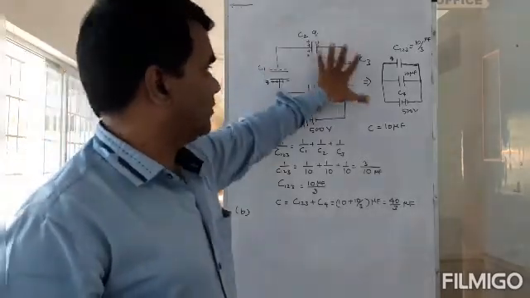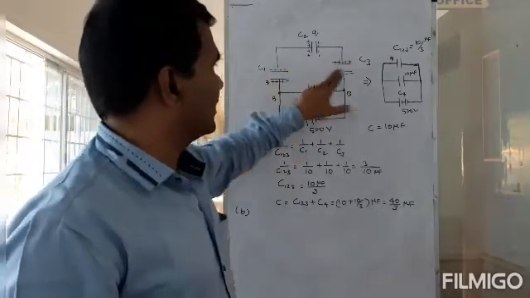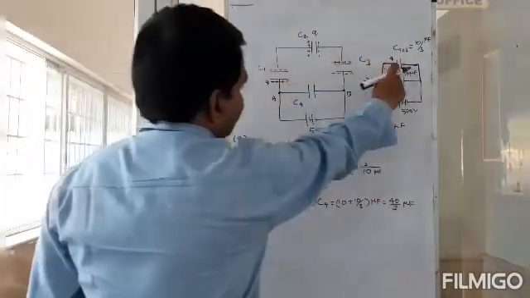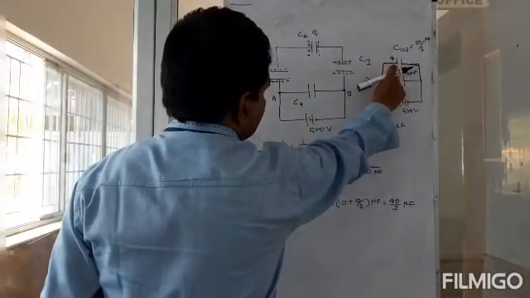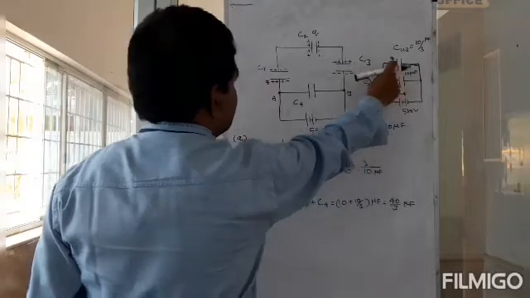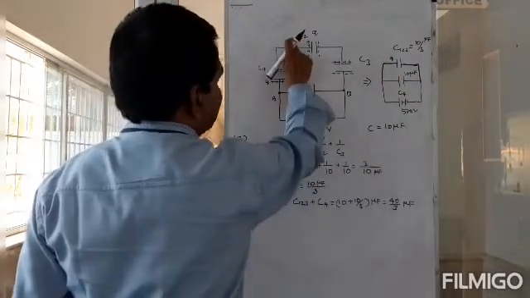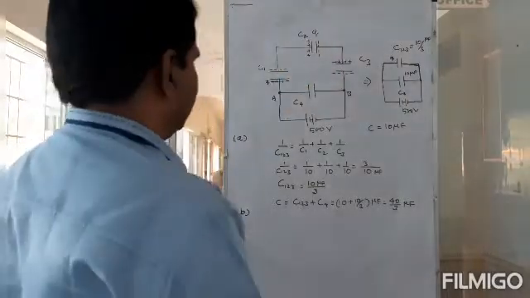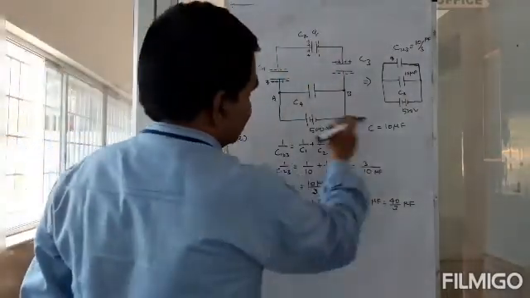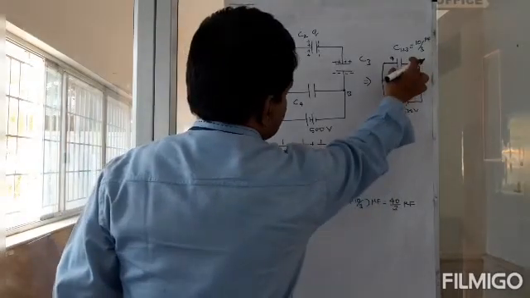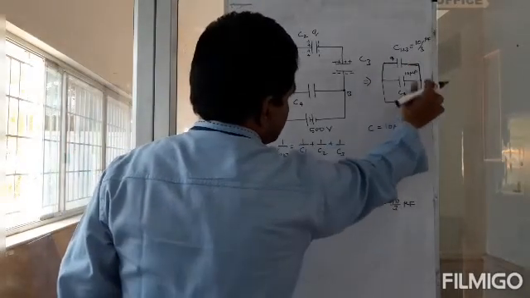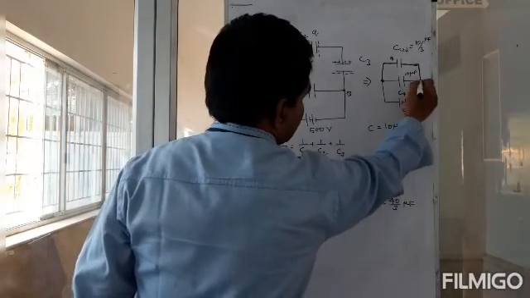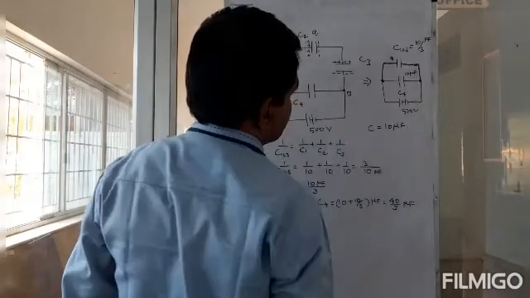So in the effective capacitance also, that is the amount of charge that the battery should put for this. So if I can find the charge on this capacitor, then that must be the charge on this capacitor and this capacitor and this capacitor, because they are in series. Okay? So how do I do that? That is simple, right? So what's the potential across this? Potential across this is the same 500 volts, because they are connected to the same 2 points, right? So potential V is 500 volts.